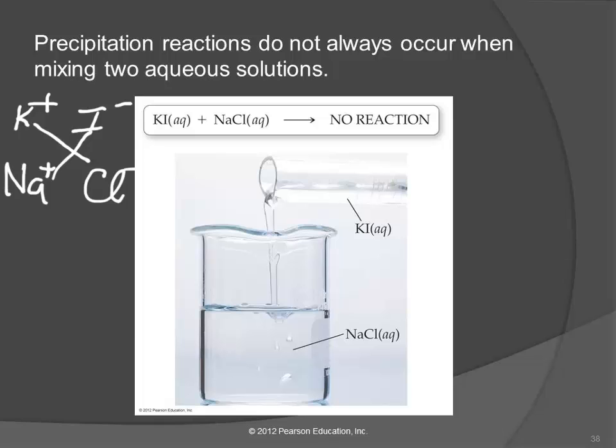And you can look those up in the solubility rules, and you see that sodium iodide is soluble and potassium chloride is also soluble. So when you mix these, no solid forms because everything is soluble. Okay, so just because you're mixing two ionic things does not mean that you're going to end up with a precipitate.